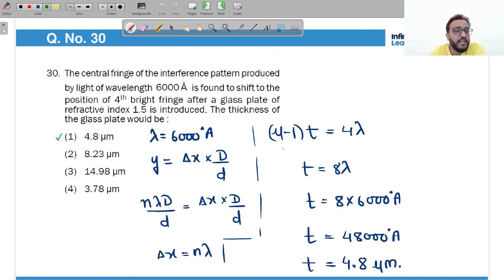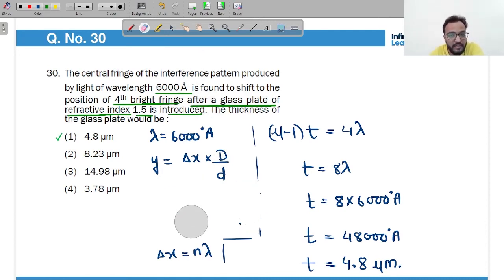Now, the central fringe of the interference pattern produced by light of wavelength 6000 angstrom is found to shift to the position of the fourth bright fringe after a glass plate of refractive index 1.5 is introduced. That means indirectly what they have given in this question is this. Let me explain to you. Indirectly they have said that the position to which it has shifted is actually the position of the fourth bright fringe, right?